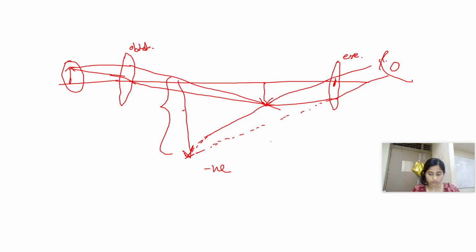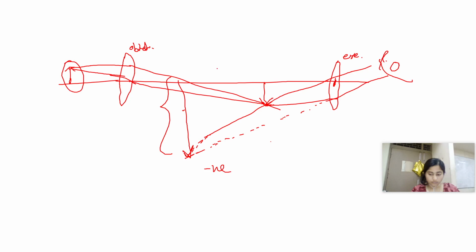So where should the eyepiece focal length be? The criteria is, if you want to see the least vision without any strain, the image formed by the objective should fall at the focal length of the eyepiece.